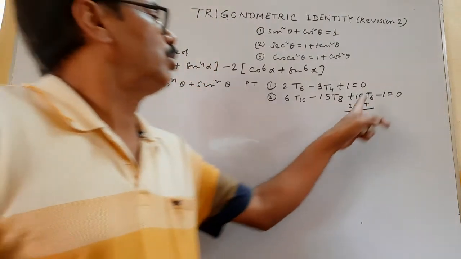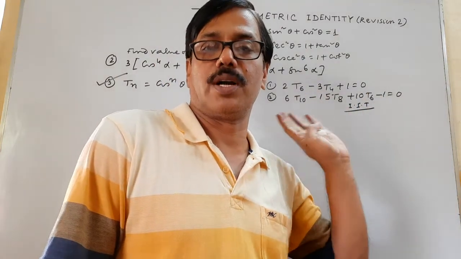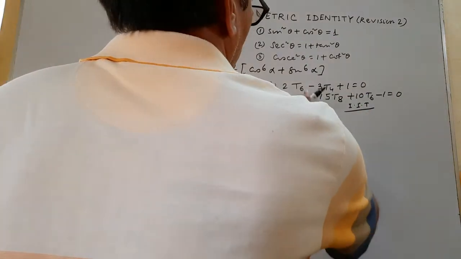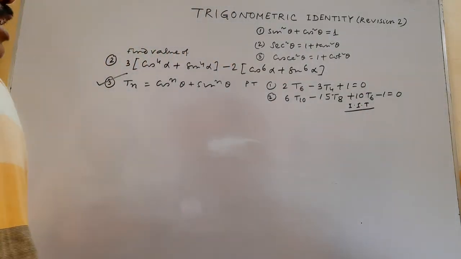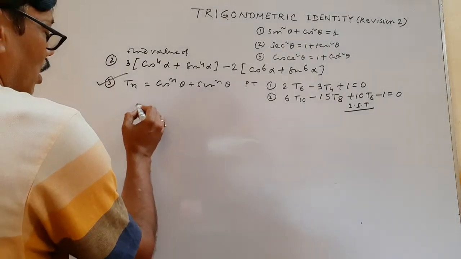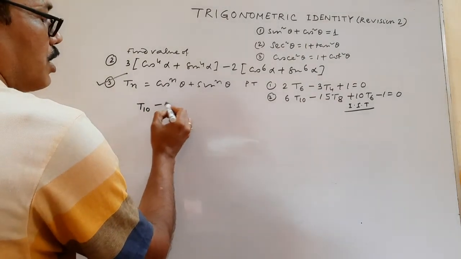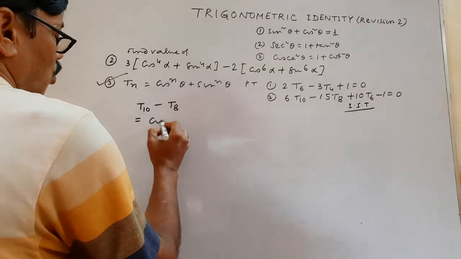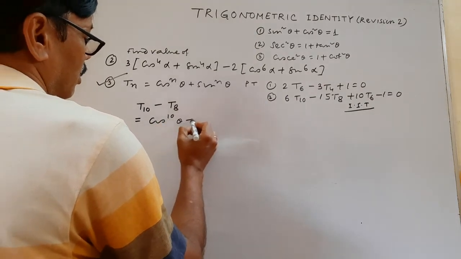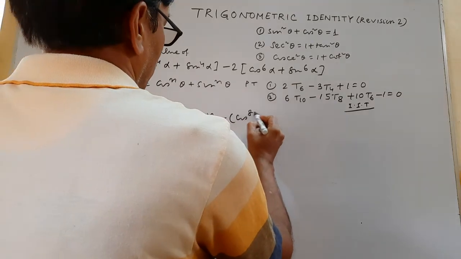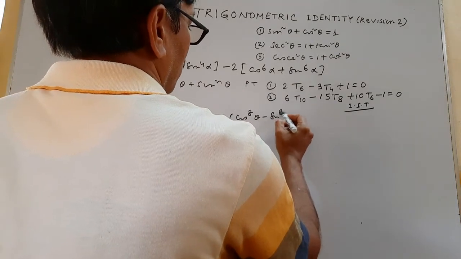We know the values up to power 6, but we do not know T10 and T8. So look, we calculate T10 minus T8. What is T10? Cos to the power 10 theta plus sine to the power 10 theta, minus cos to the power 8 theta plus sine to the power 8 theta.